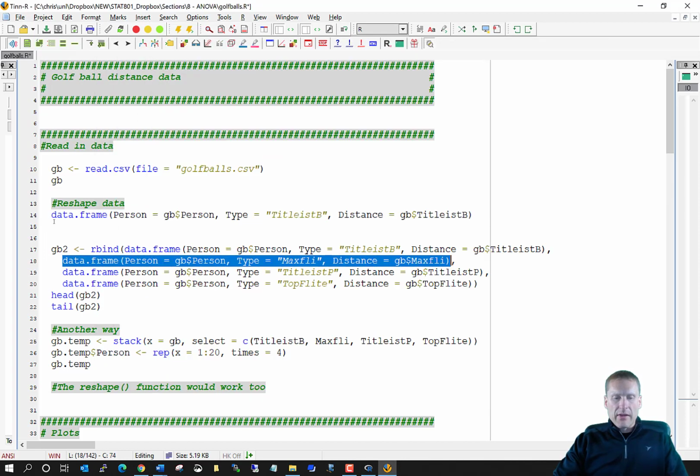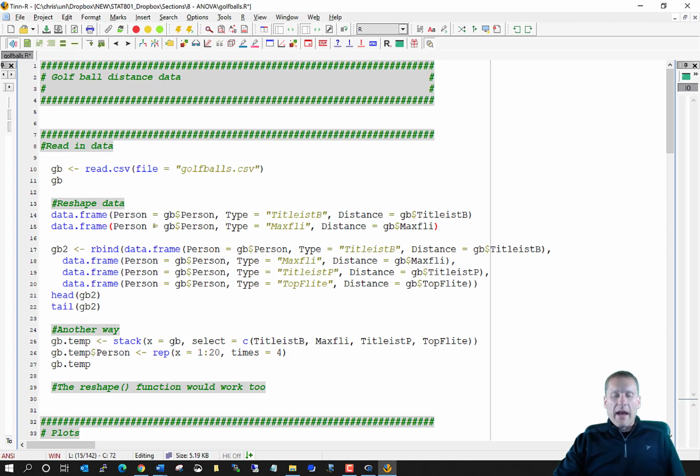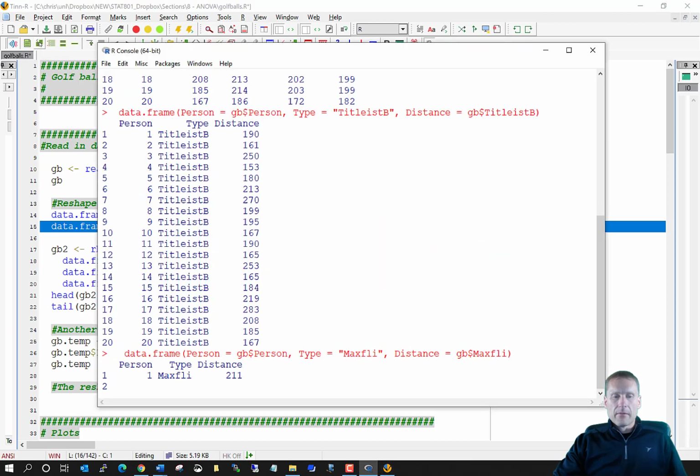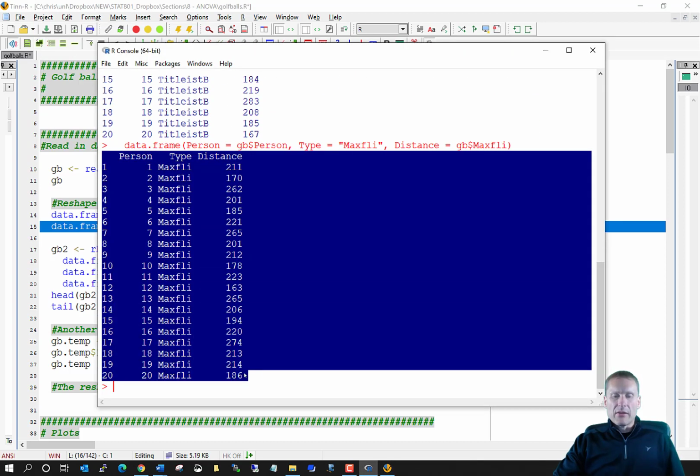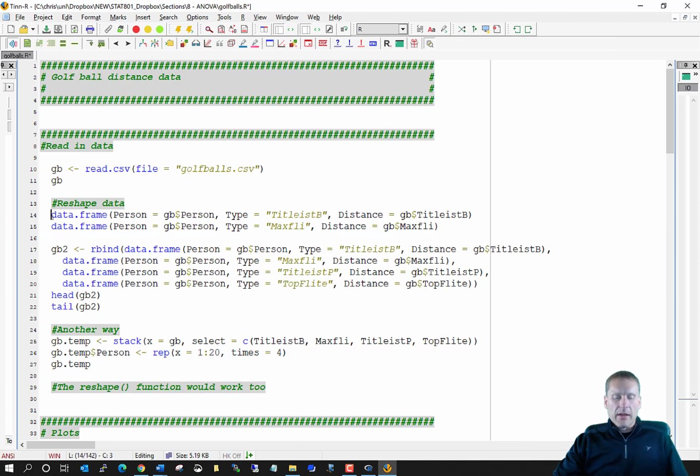And we can do the exact same thing with Max Fly: person, the type of golf ball, the actual distance that that particular golf ball flew. And there's those values. So what I want to do is take this and put it right below the Titleist B values. And how I can do that is to use a function called rbind in R.